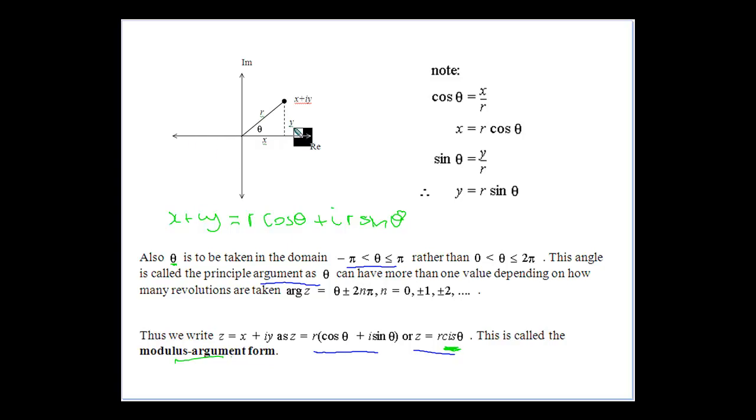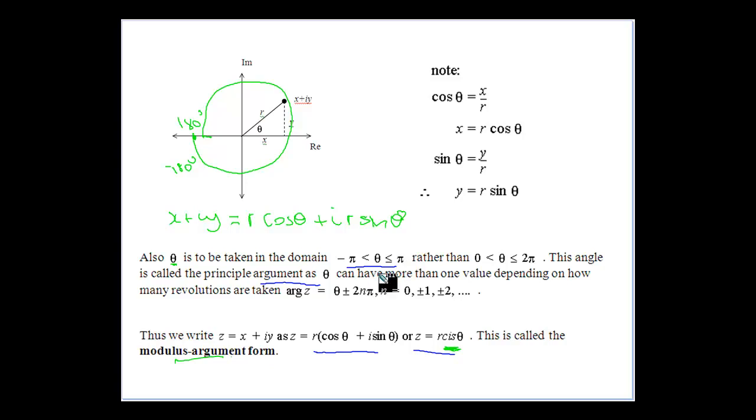So instead of our normal 0 to 2 pi or 0 to 360, we usually look at starting in the third quadrant and going around that way from minus 180 to 180. It's not going to be equal to minus pi, but if it's on the axis here, we're going to take pi.